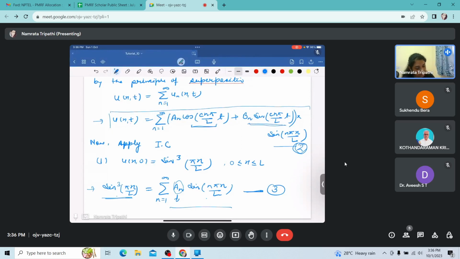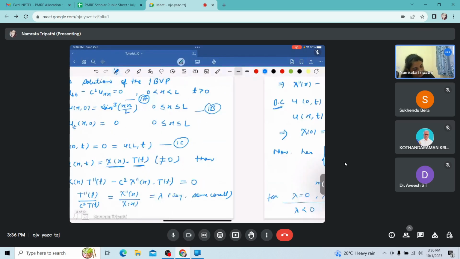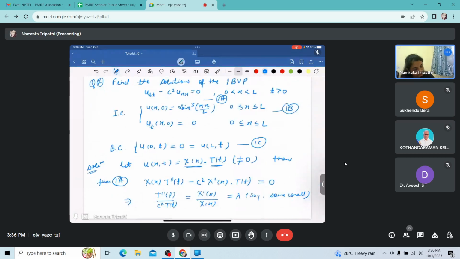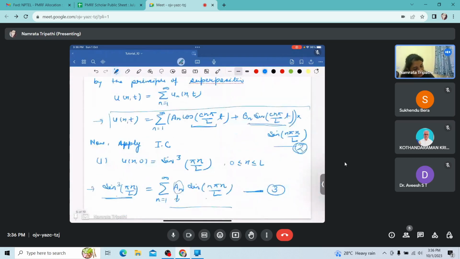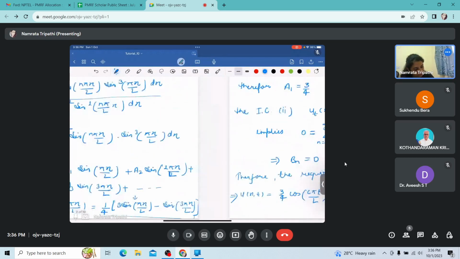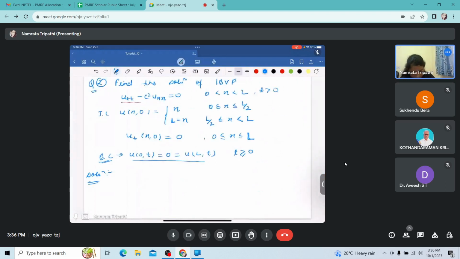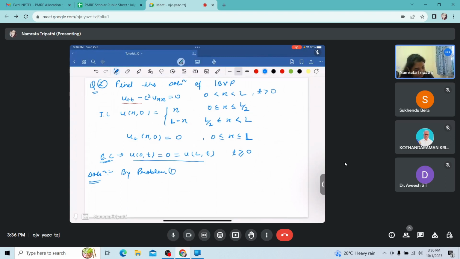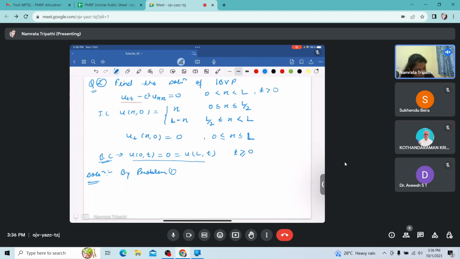Because the boundary condition is similar, when you apply the boundary condition you will get the same expression as we have done in question number 1. But in the examination, you have to solve from the start. You have to take the variable separable form, and you have to solve step by step.